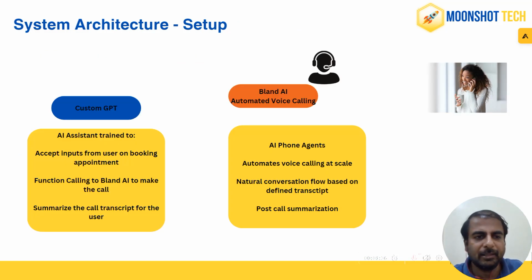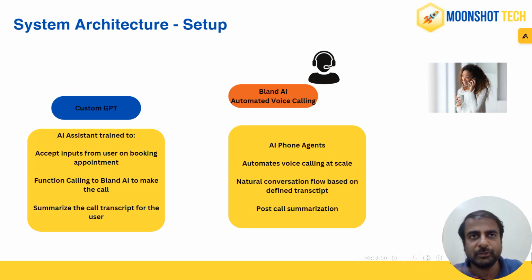The way this is set up is we have created a custom GPT. It's an AI assistant, and it is trained to take inputs from the user for booking these appointments. So it will collect all the details that are needed to book the appointment. Then it will call the functions of Bland AI.